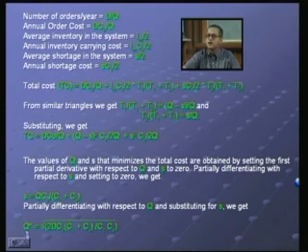So, this is the optimum or economic order quantity in the case that includes backordering.